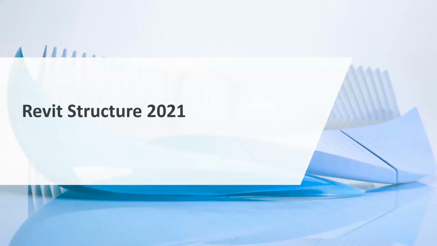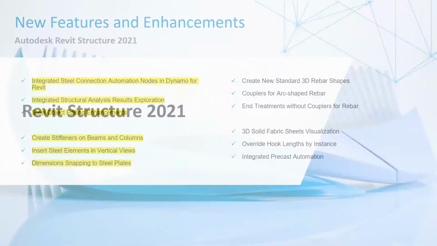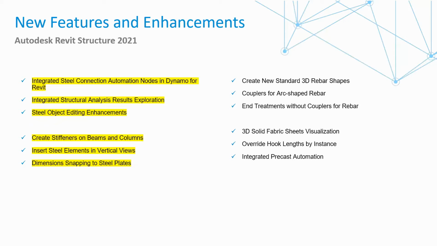The first software I'm going to look at is Revit Structure 2021. If you look at the new features they've introduced, there's quite a lot of work in this update to 2021 that's focused on structure. I don't know how many of you are using 2021 yet, but what Autodesk have done is integrate steel connection automation nodes in Dynamo for Revit, and they've also integrated structural analysis results exploration in Revit.